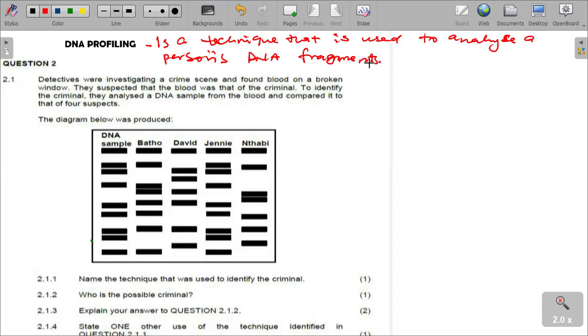That is DNA profiling, a technique that is used to analyze a person's DNA fragments.